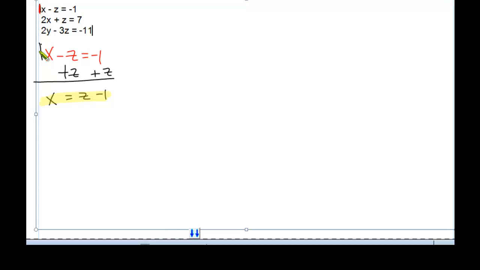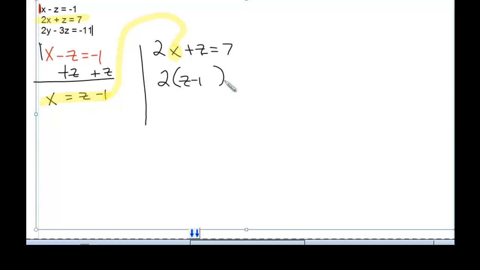So let's substitute x into this real small equation right here and find z. So 2x + z = 7. Again, we're going to substitute z - 1 in for x, since I now know what x is, and solve. So we're replacing x with z - 1.